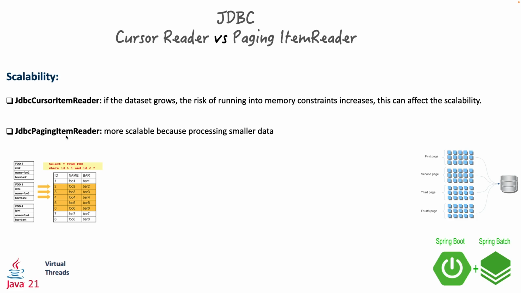Let's suppose you have tables that contain too many relationships, a very big structure, and you have a very large volume of data, so you better use the JDBC paging item reader. If you are just processing some small data and you know that you have a few columns, just use the JDBC cursor item reader.